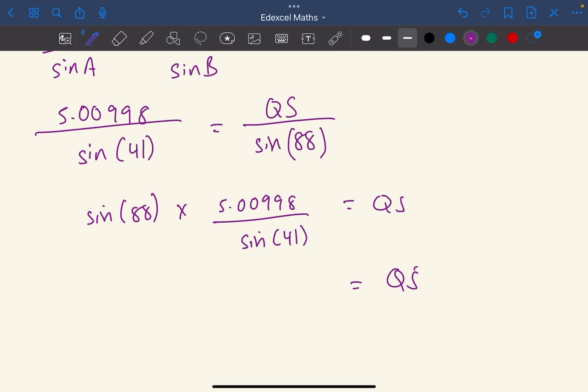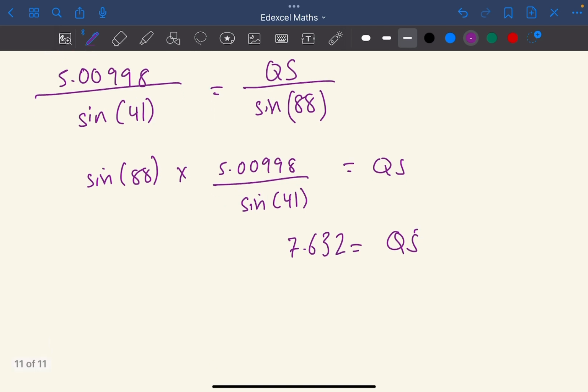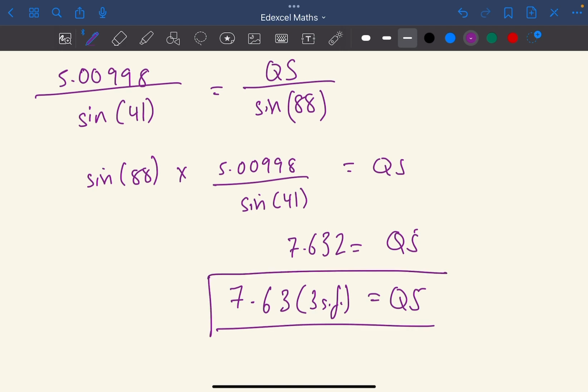By the way, I've kept my 5.00998 as answer in the calculator, just to retain the accurate value. Get 7.63632. The question asked for 3 significant figures, so 7.63 to 3 SF, QS. That's the final answer.